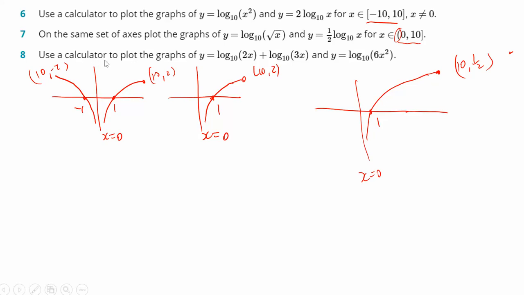Now I'll let you do question 3. You're basically going to plot both on the same axis. Now, for 8, you just have to be careful to get the x-intercepts. You might need to do this on the main screen.